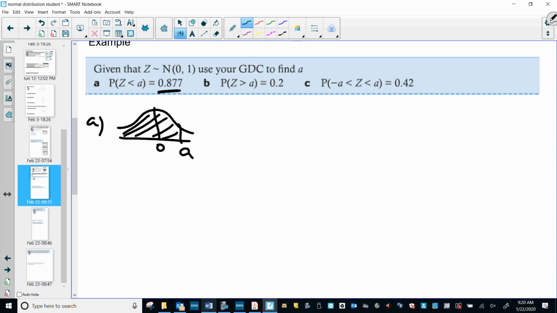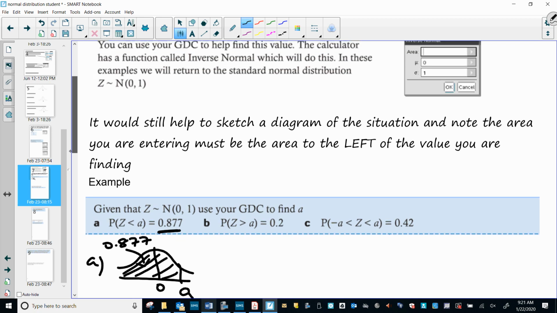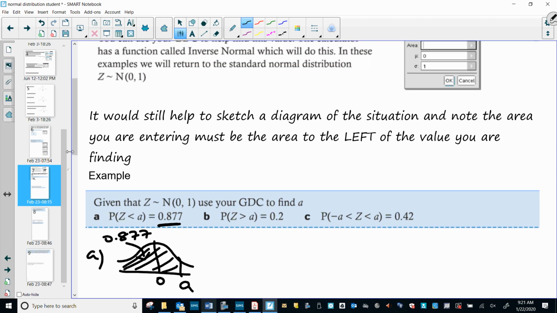Great, so this bit here represents 0.877. Now, I don't know if you need to write yourself a little note explaining why the A was on the right-hand side. You may just be good with it.